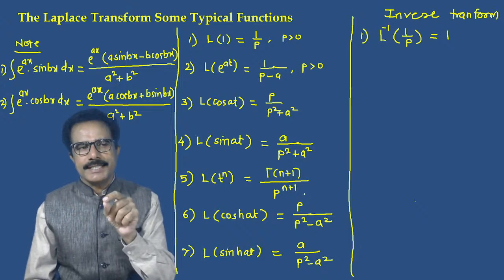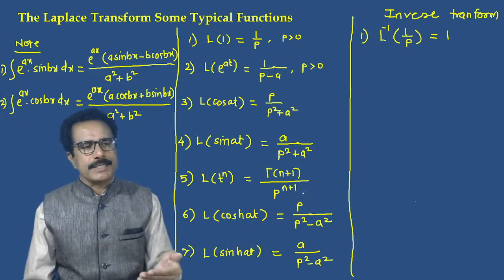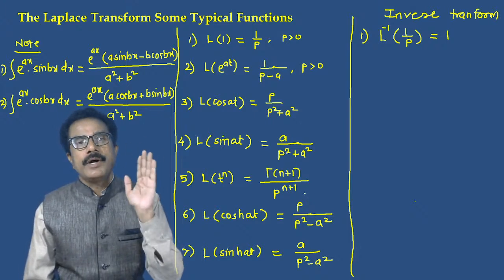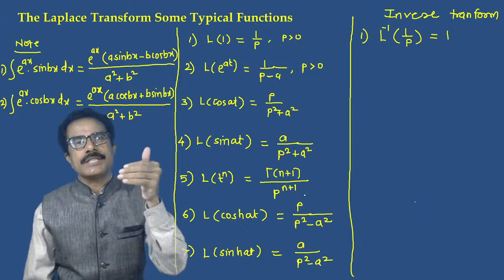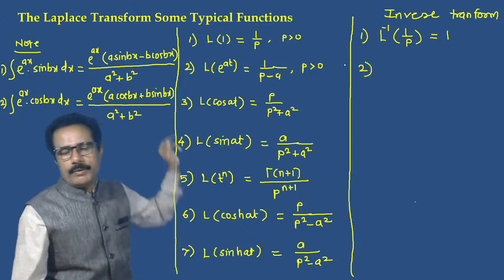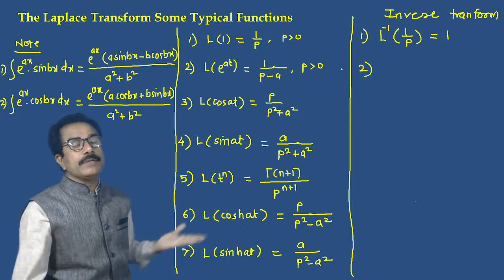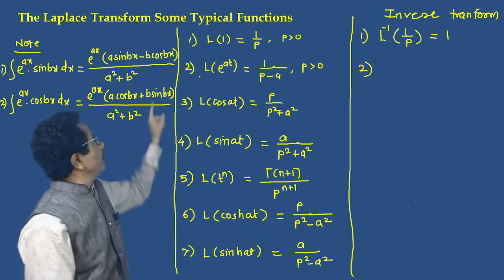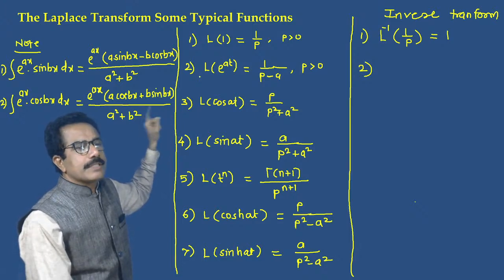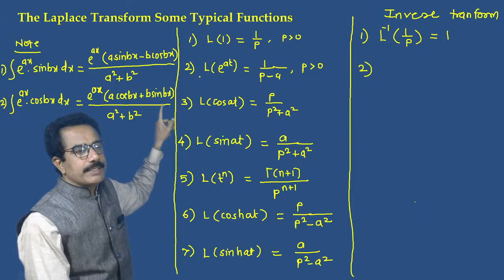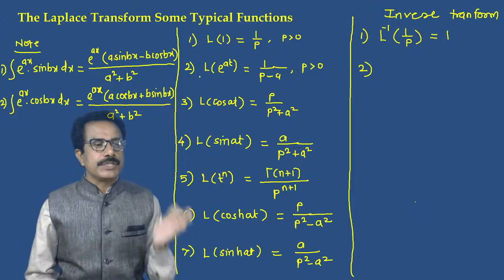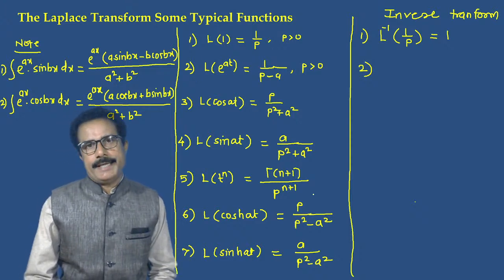Do you understand this? Inverse Laplace transformation, here L raised to minus 1 or L inverse is called the inverse transformation operator. Now this second formula we can convert into the inverse Laplace transformation. You know that according to the typical functions of Laplace transformation, the Laplace transform of e raised to at is equal to 1 upon p minus a.